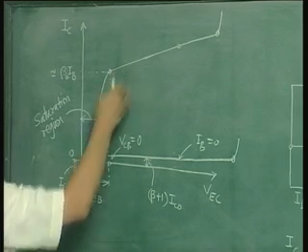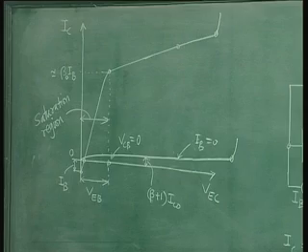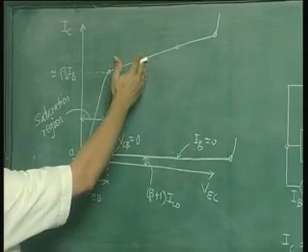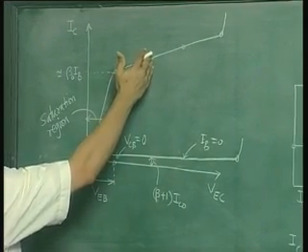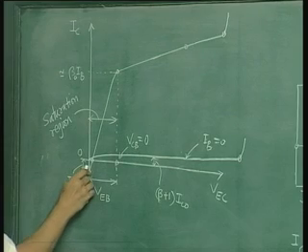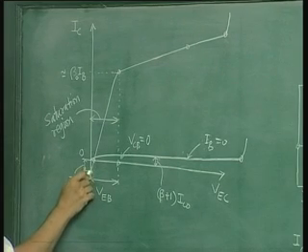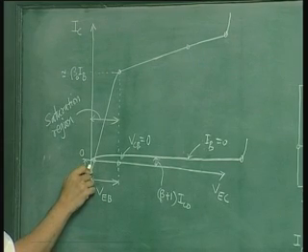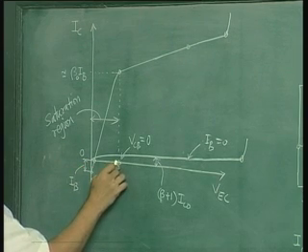Now let us plot for any other value of IB. Supposing we want to plot for a lower value of IB than this. Now obviously here what is going to happen is this point is going to shift up, for a smaller value of IB. And what about this point?